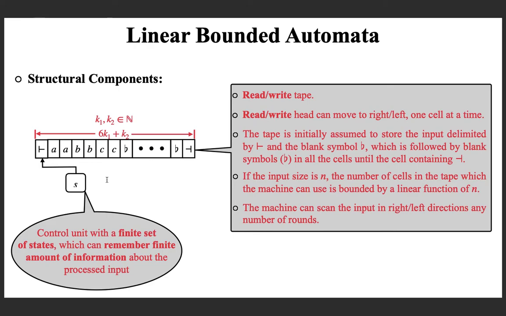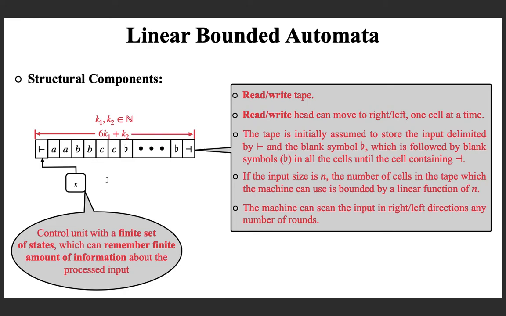If you remember, we had designed a linear bounded automata for the language a to the power n, b to the power n, c to the power n, for which we proved that no push down automata exists. So the structural components are fine.